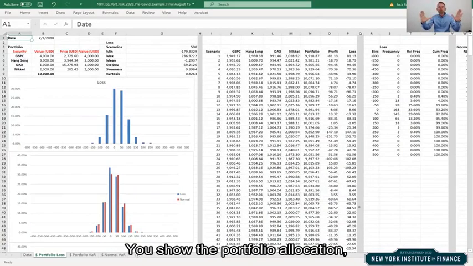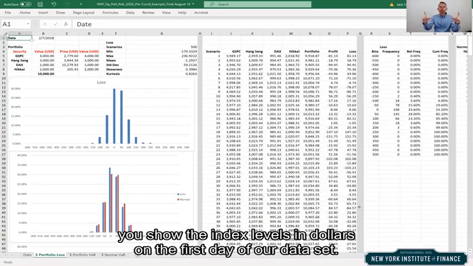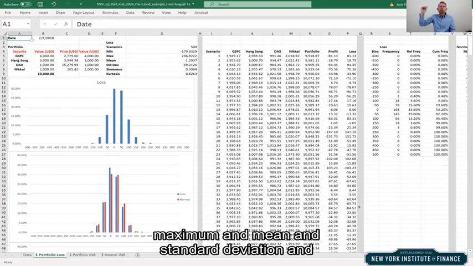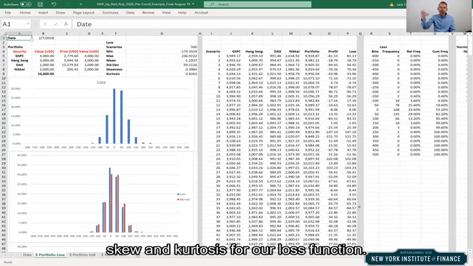And as you can see in the upper left-hand corner, you have some statistical measures. You show the portfolio allocation. You show the index levels in dollars on the first day of our data set. And we also have some statistical measures there showing the minimum and maximum and mean and standard deviation and skew and kurtosis for our loss function.